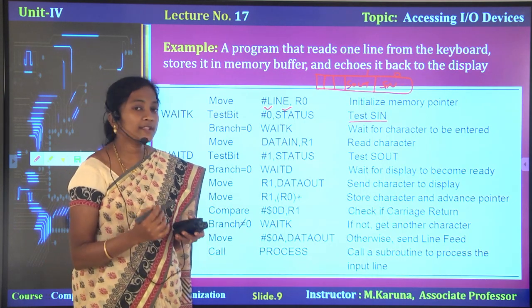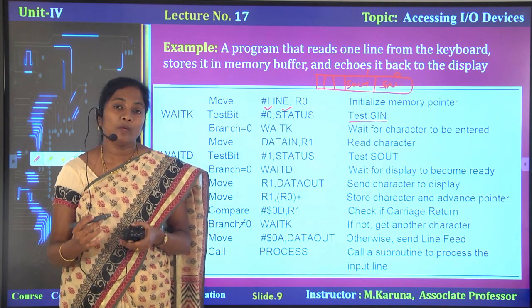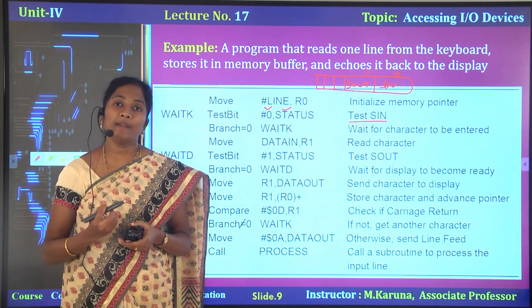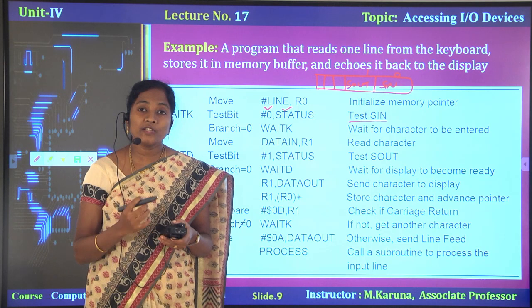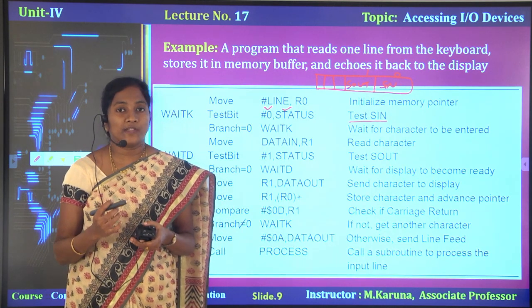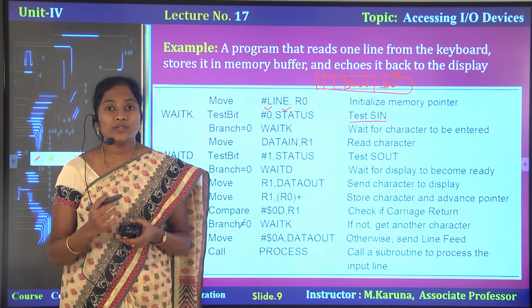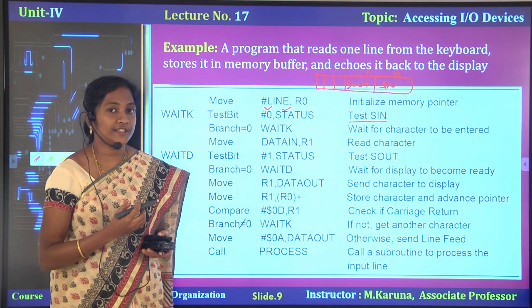The processor needs to monitor that status bit continuously. Whenever SIN is equal to 1, the processor collects the data from the data in register. For that purpose the processor needs to check the status bit whether a character is available in the data in register or not. To check that we use some set of instructions.